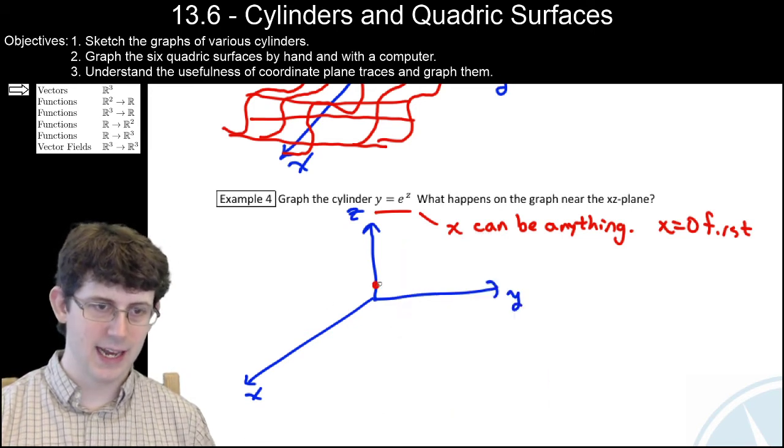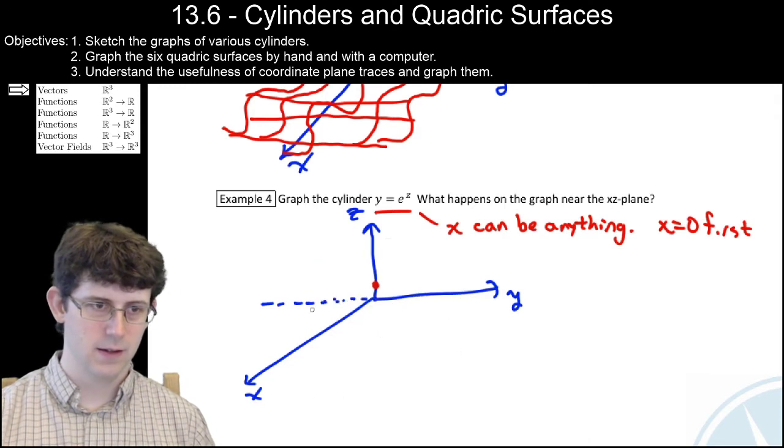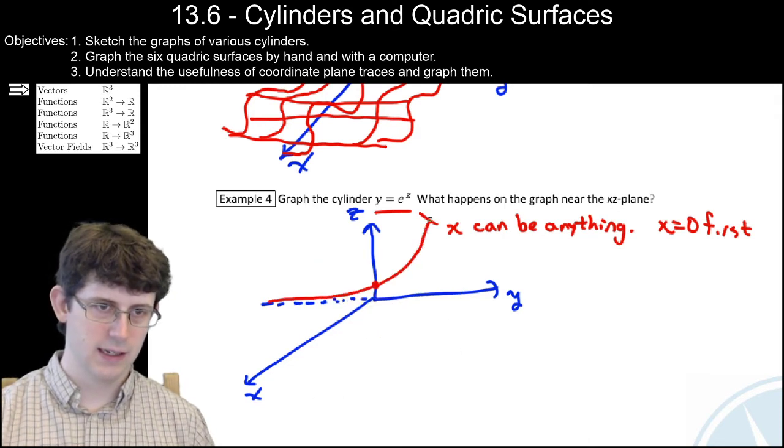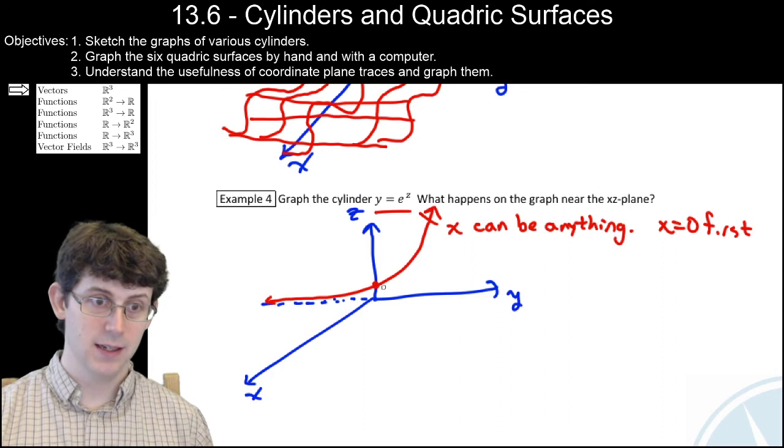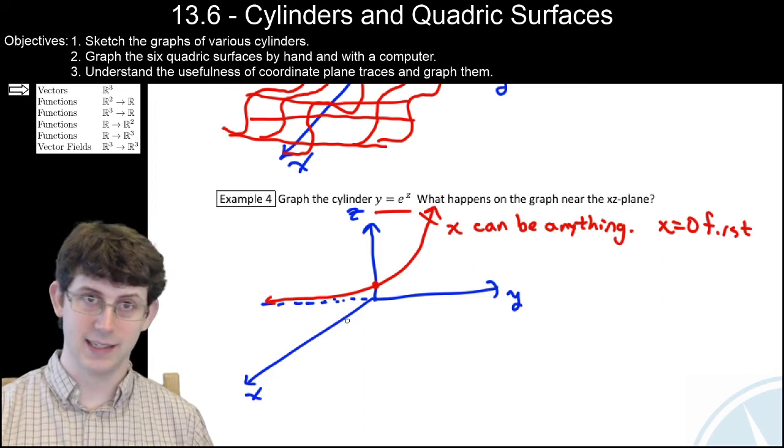It crosses at z equals 1, and has an asymptote of the y-axis. So I get this thing.